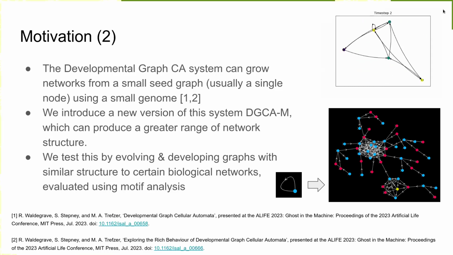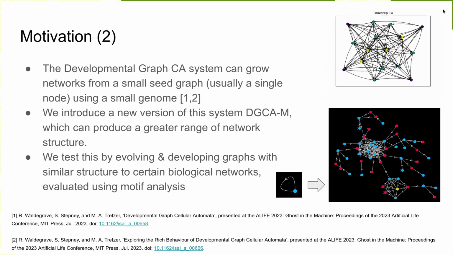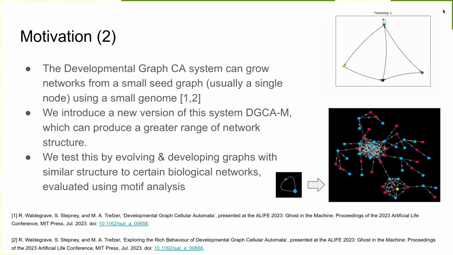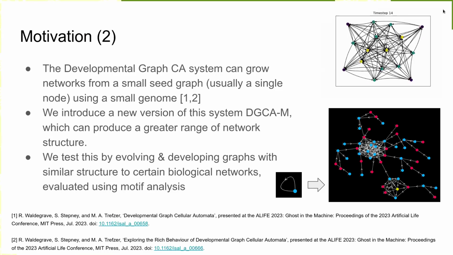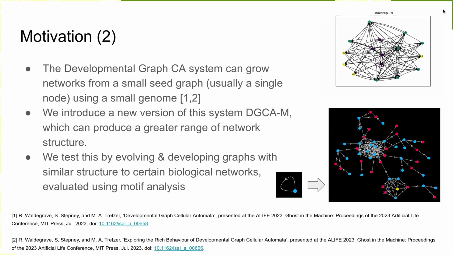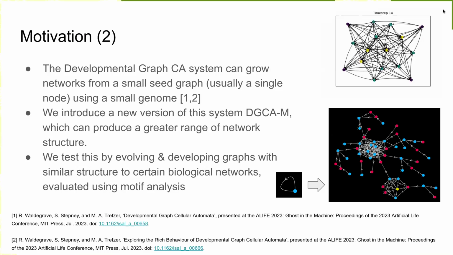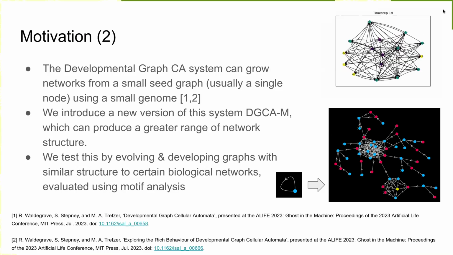But as you can see on the top right, the original version of the system tended to create networks which were very densely connected, and there weren't actually that many different ways of wiring things up. So we've introduced a new version which can specify in much more detail how connections are made with new nodes, and that can give rise to a greater diversity of types of networks. So we want to test it and see whether we can in fact produce a big diversity of networks.